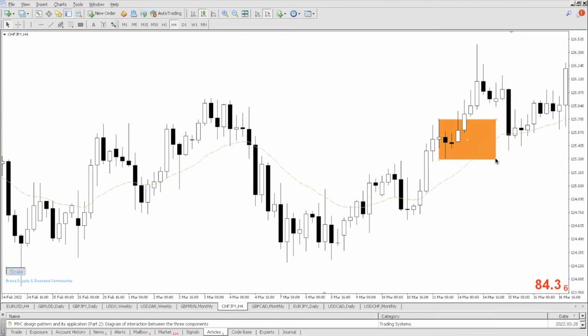Okay, delete. So when you look at this pair, where did price turn? Another V here, and then another one here. You draw your trend line, and then what happens? You draw your zones. Zone number one, which is demand.